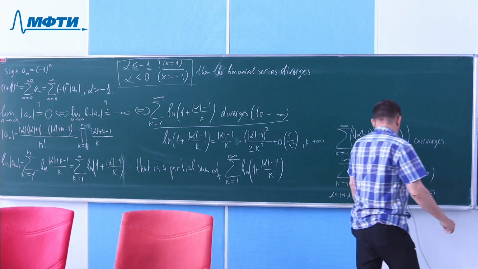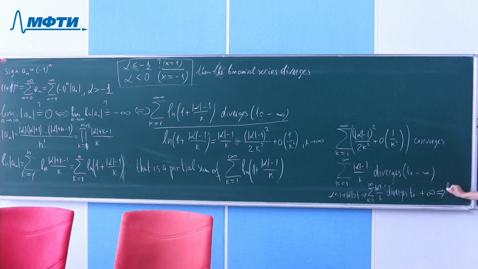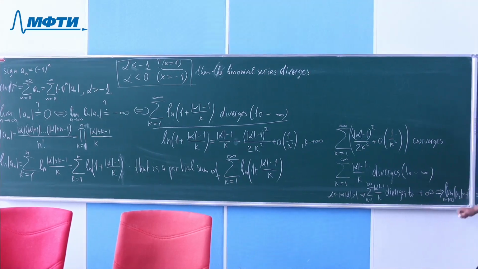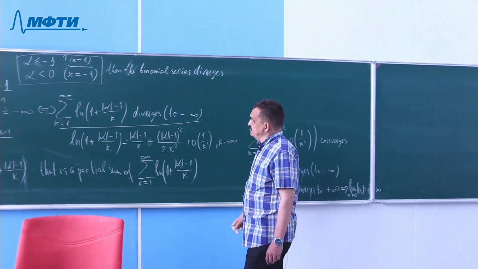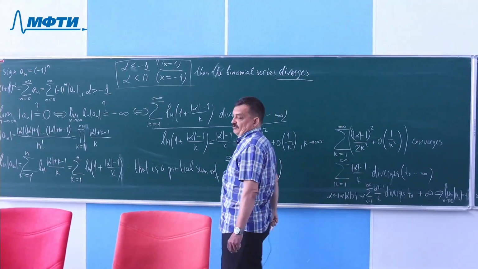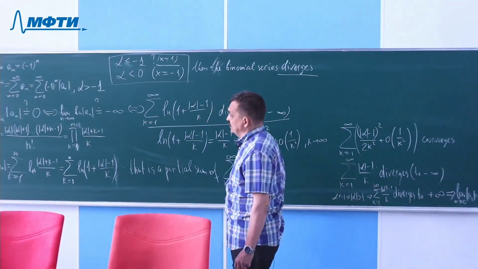So hence the limit of modulo a_n equals plus infinity. So by the term test, we have divergence of the series, right?